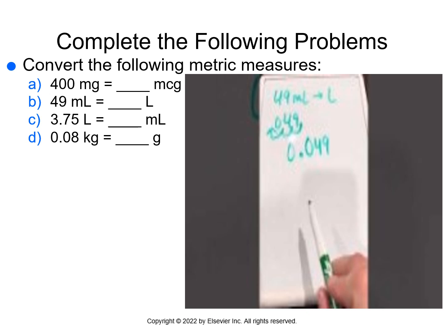Okay, so 1, 2, 3 places to the right, and I come up with 0080. I don't need those. This is just 80. Okay, so that is our practice problems.